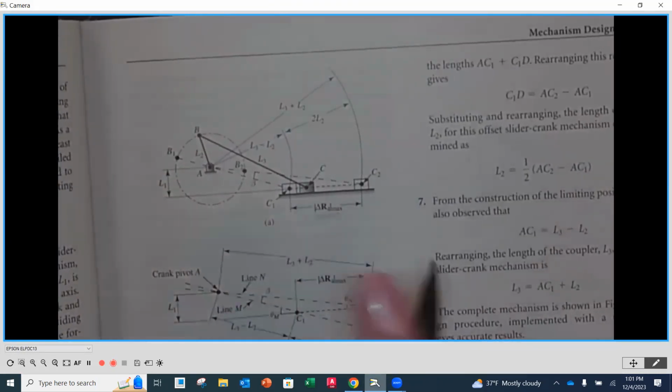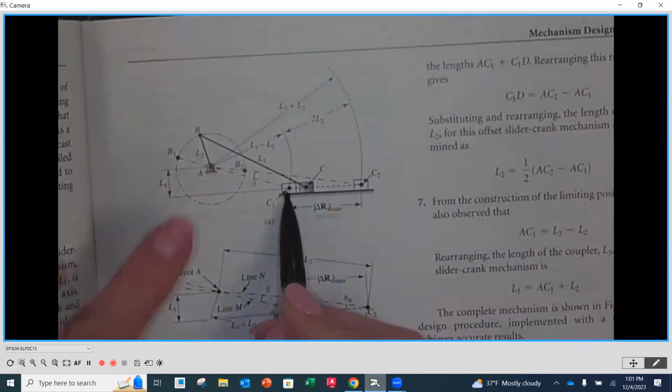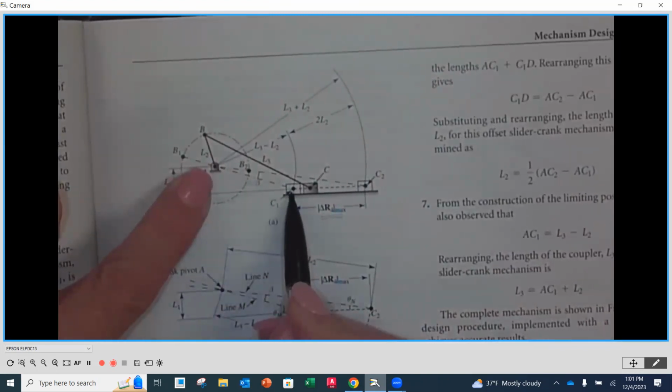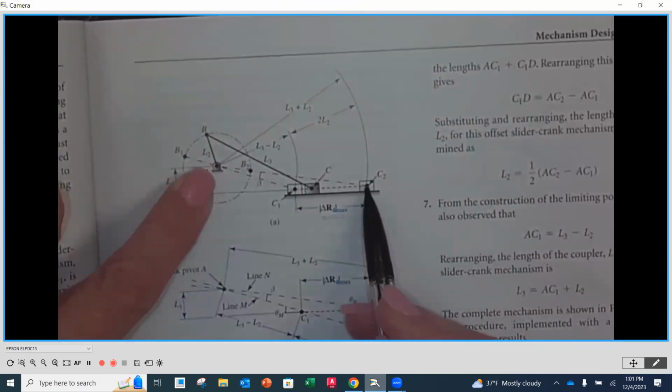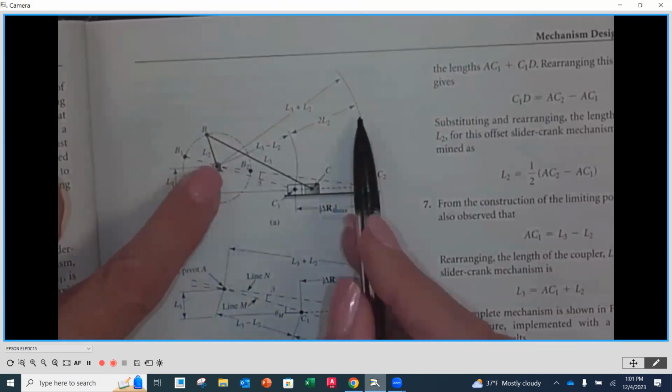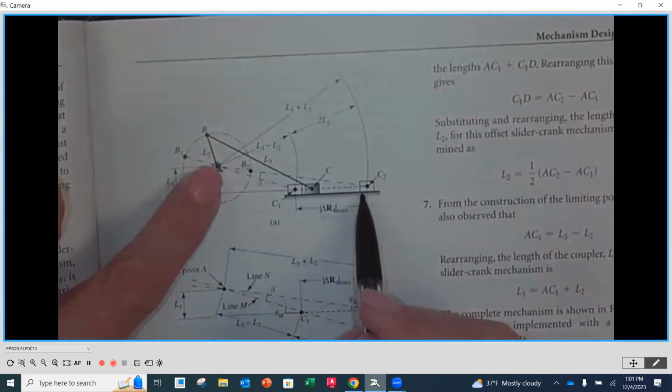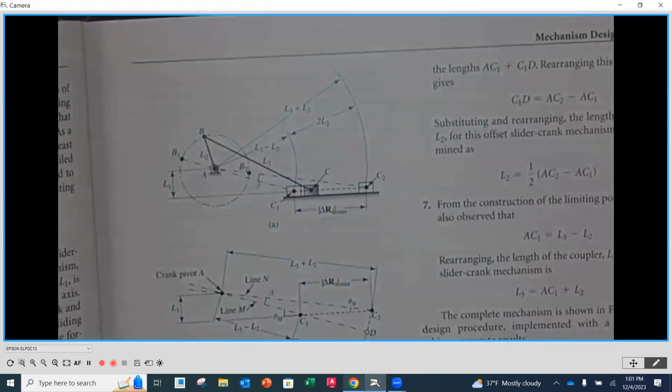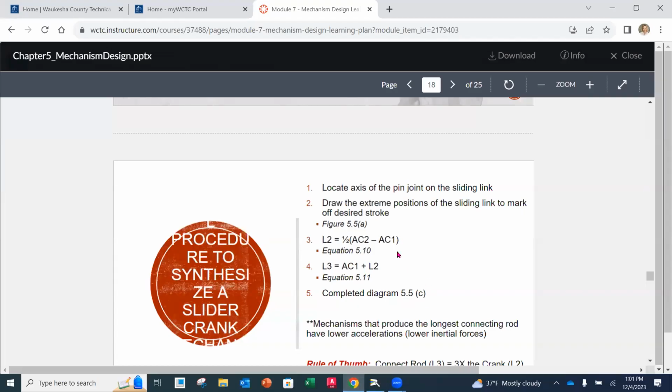Here's C1 and here's point A. So AC1 is the length of this line right here, which is L3 minus L2. See that? And then the length of AC2 is from here to here, which is going to be L3 plus L2. And they refer to each of those in each one of these equations.